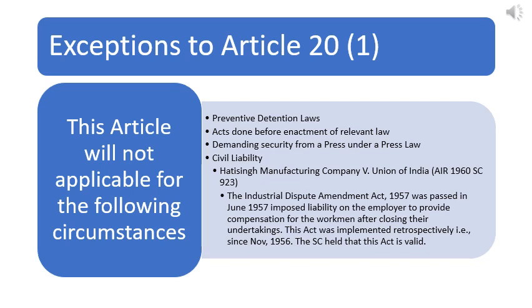So they gave retrospective effect to the act. The court held that this particular act is valid because it imposes a civil liability on an employer. So these are all the exceptions and various discussions on Article 20 Clause 1.